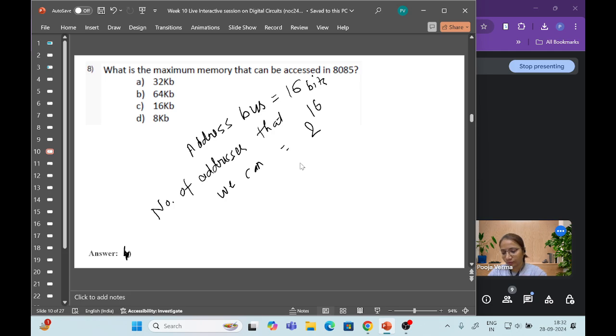Then, what will be the value of 2 to the power 16? Anyone of you can calculate and answer this question.